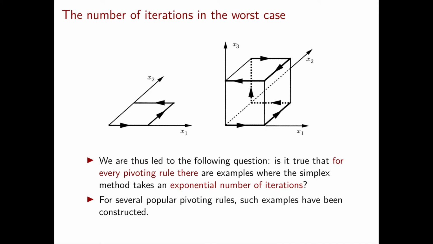So a natural question is whether there exists a pivoting rule that always achieves a polynomial number of iterations. Or, vice versa, is it true that for every pivoting rule there are examples where the simplex method takes an exponential number of iterations? Unfortunately, for several of the most popular pivoting rules, we have examples where they take an exponential number of iterations.